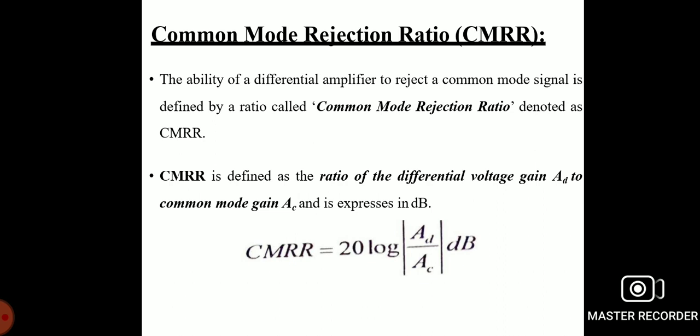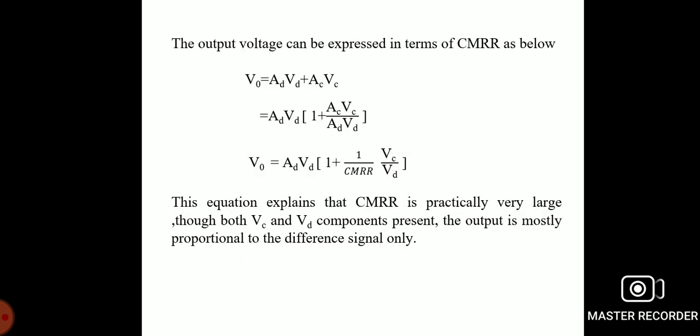So the output voltage can be expressed in terms of CMRR. The output voltage V0 is equal to the differential gain times the differential voltage plus the common mode gain times the common mode voltage. Simplifying, the output voltage is equal to the differential gain times the differential voltage times (1 plus 1 divided by CMRR times the common voltage divided by the differential voltage).